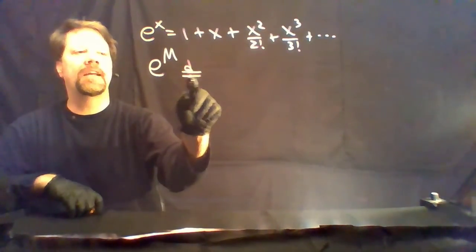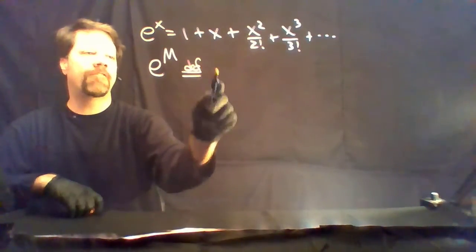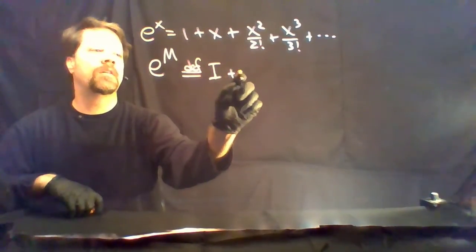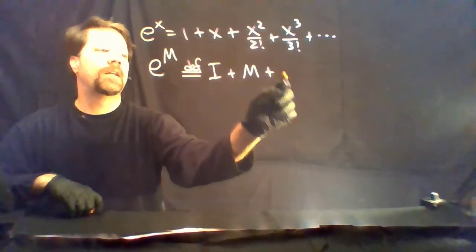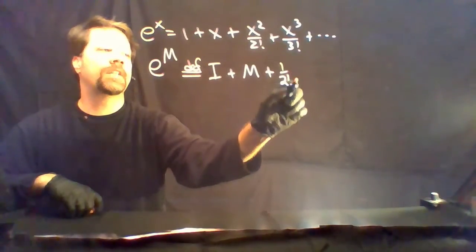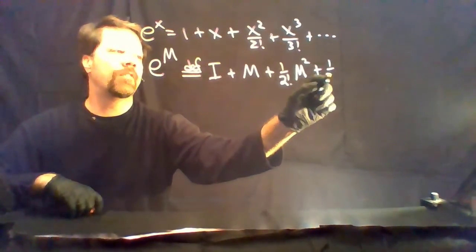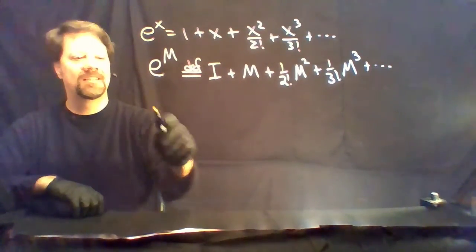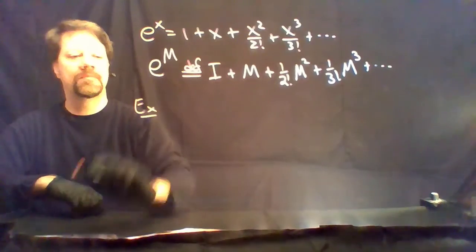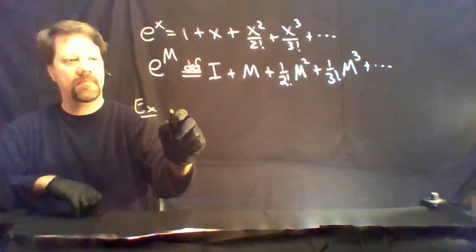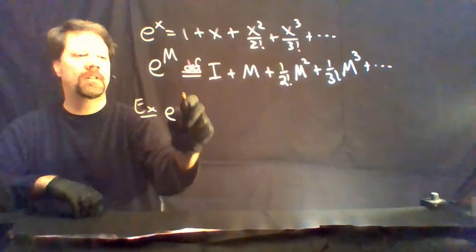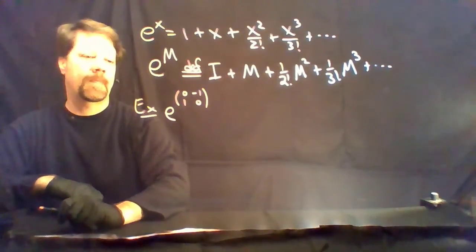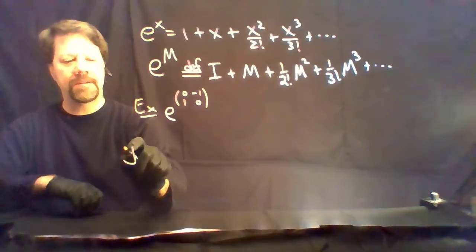I'm going to define that e to the power of a matrix is the 1 from matrices, which is the identity matrix, plus M plus 1 over 2 factorial times M squared, plus 1 over 3 factorial times M cubed, and so on forever. For example, suppose I take e to the power of the matrix 0, minus 1, 1, 0. What do I get? Let's call this matrix J.